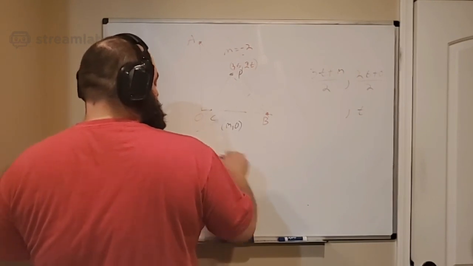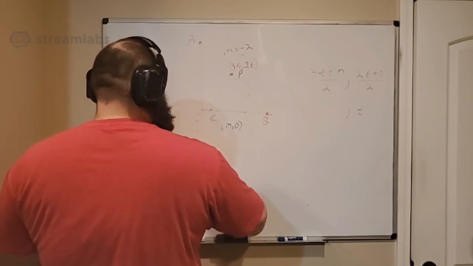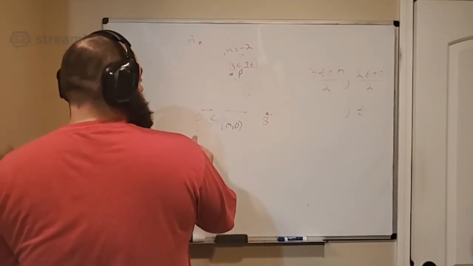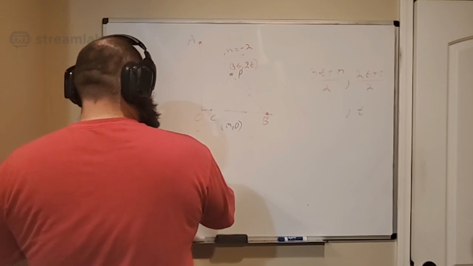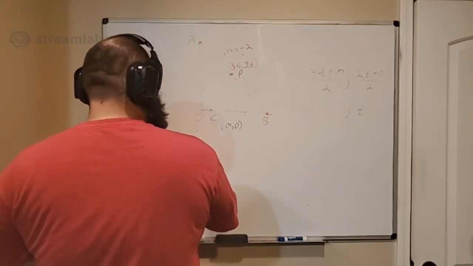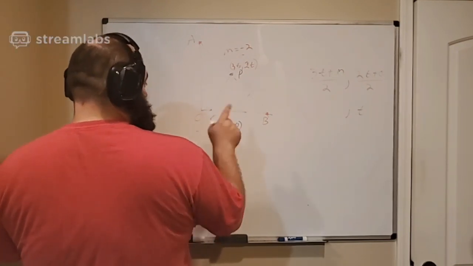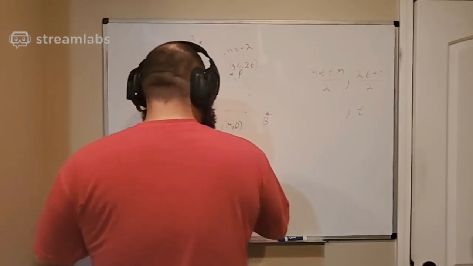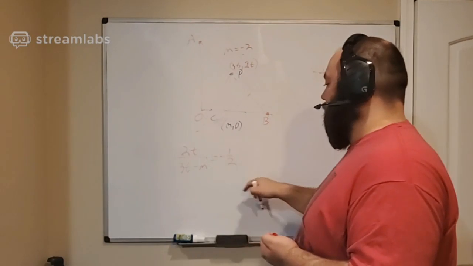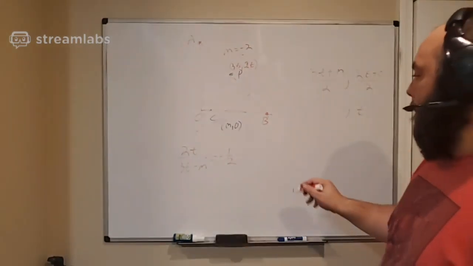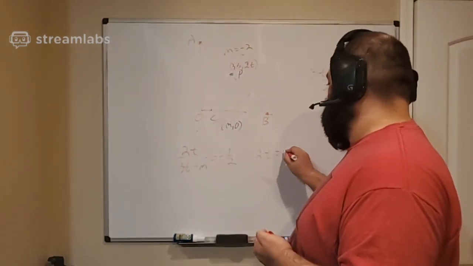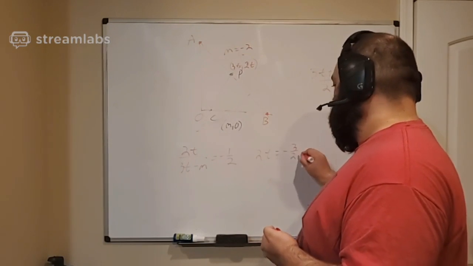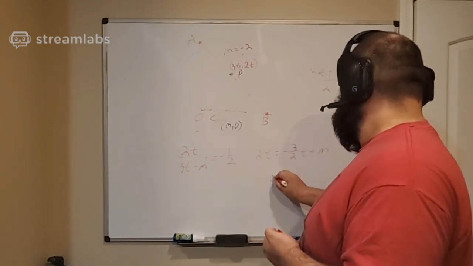So I know that the rise is 2t, the run will be 3t minus m, equals negative 1/2. So I'm going to solve for m and plug in. That'll be the easiest way to do it. So you get 2t is equal to negative 3 halves t plus m. M is equal to 7 halves t.